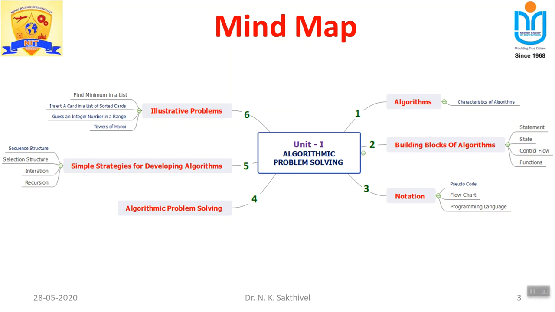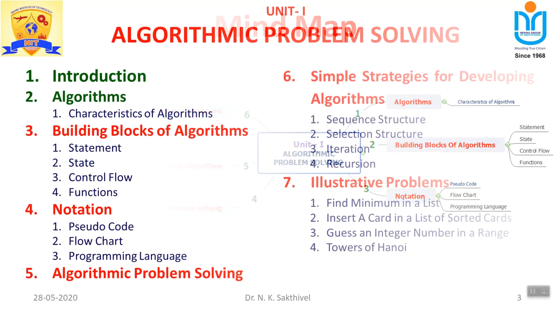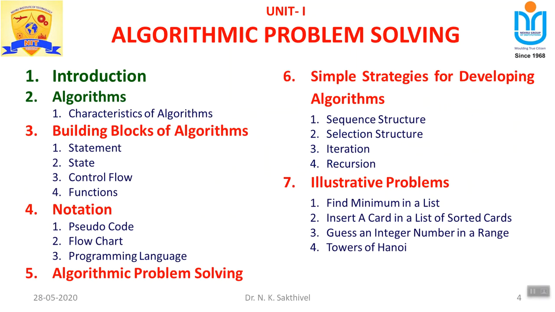In these illustrative problems, we will focus on finding the minimum in a list, inserting a card in a list of sorted cards, guessing a number, that is an integer in a range, and towers of Hanoi. These 4 different problems we will discuss, along with the techniques to find the solutions. This is the mind map, followed by the structure. In this video, we will discuss the introduction as well as algorithms.